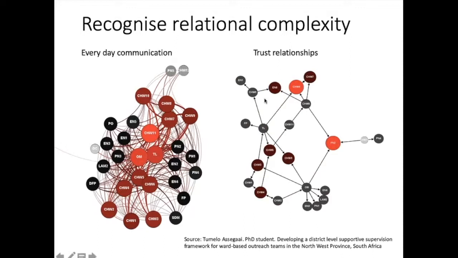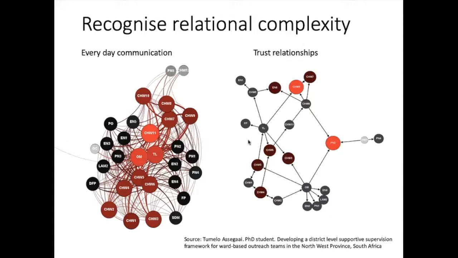If you look at the diagram, most of the trust relationships that people said they had were with peers, with other community health workers. The managers, the operational manager of the facility didn't really feature, and neither the team leader, actually, as the most trustworthy player.